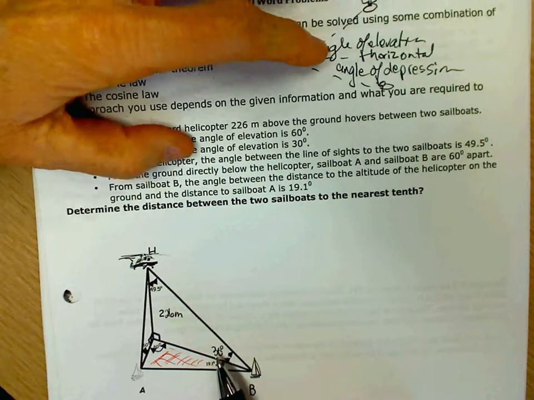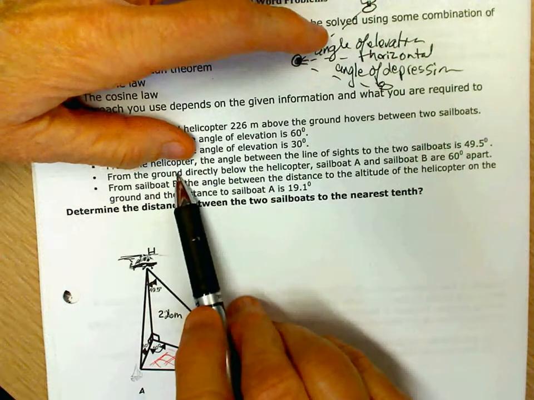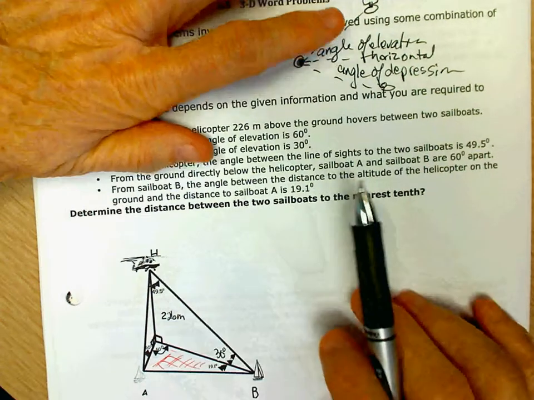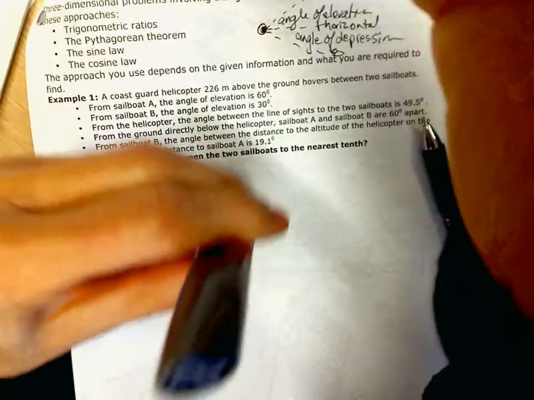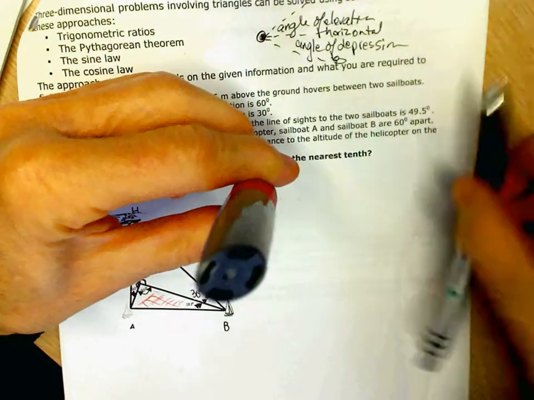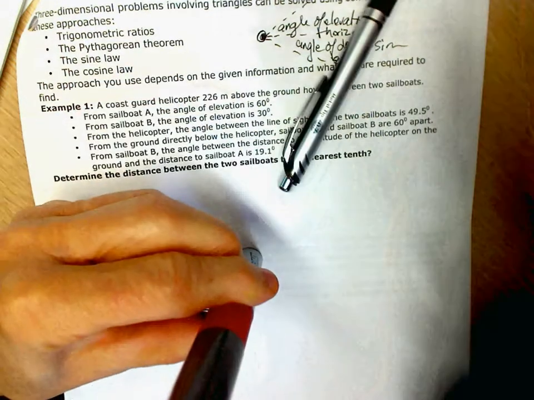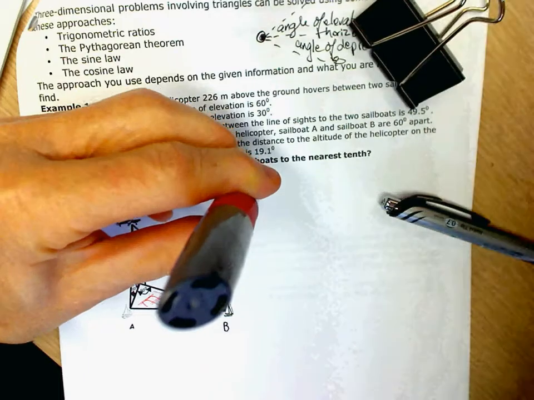Now this is where it's really hard to understand. So from the helicopter, the angle between the lines of sight. So let's say my helicopter is up here. Can you see this? I don't know if you can see this. And then this is sailboat A, say.